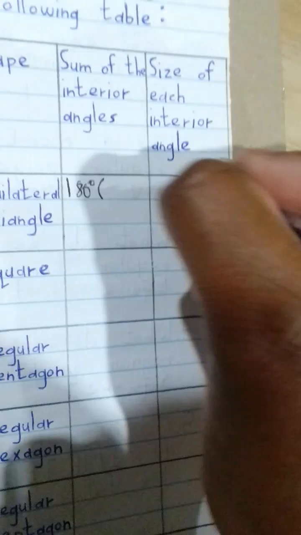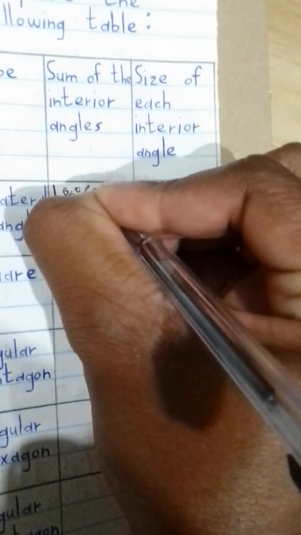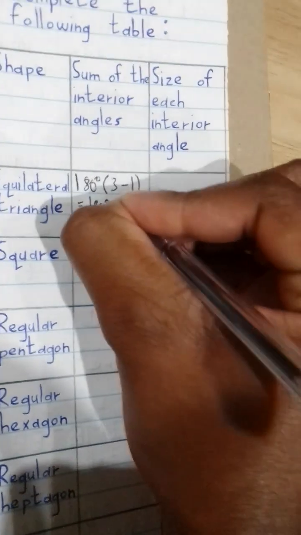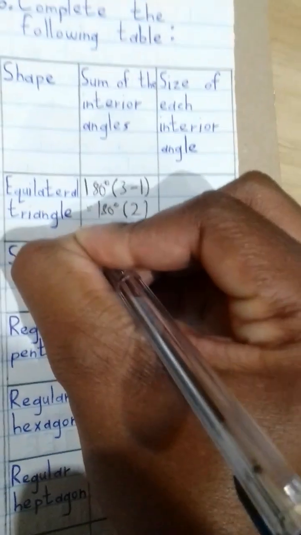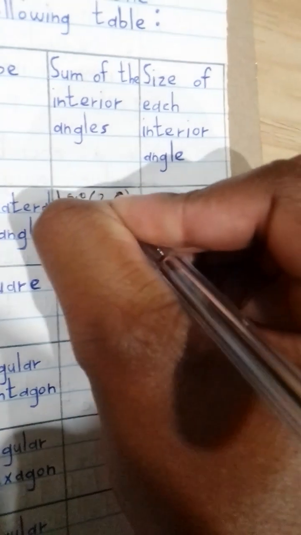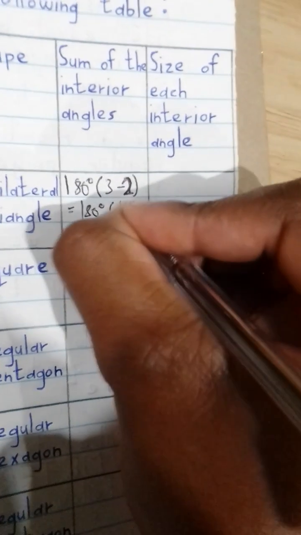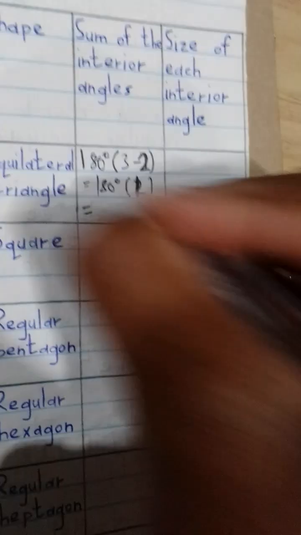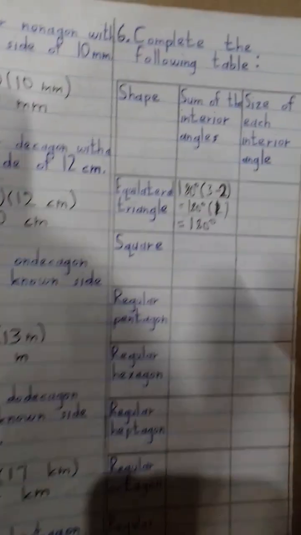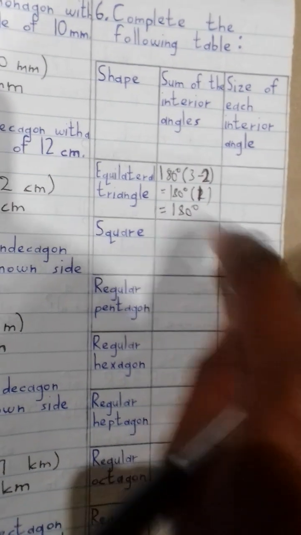times n minus 2. For an equilateral triangle, it's 3 minus 2, sorry, my mistake. So here it becomes 1, so it's 180 degrees. The size of each interior angle is just this divided by the number of sides.